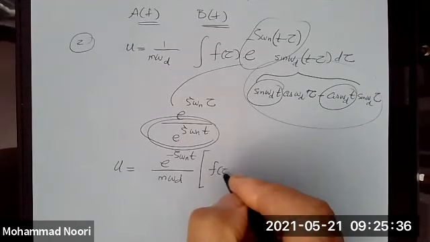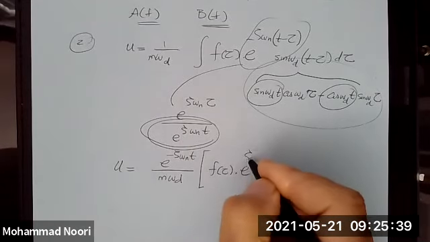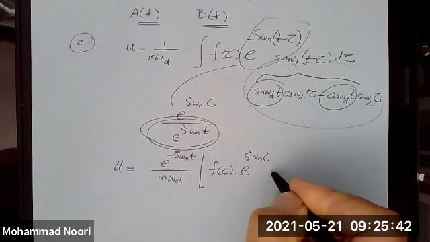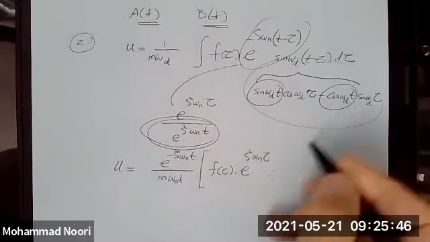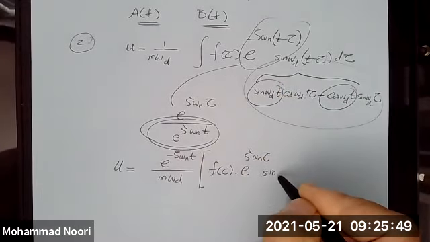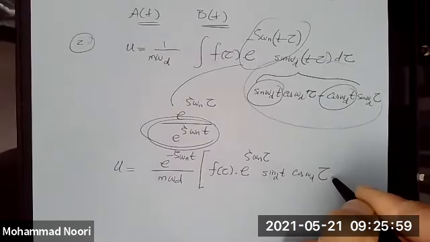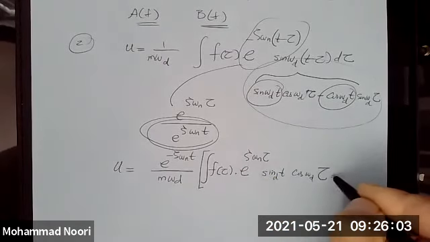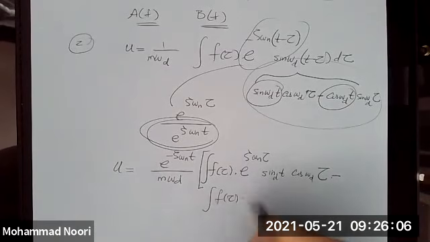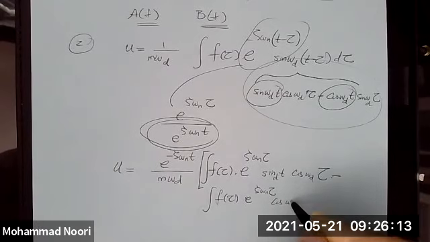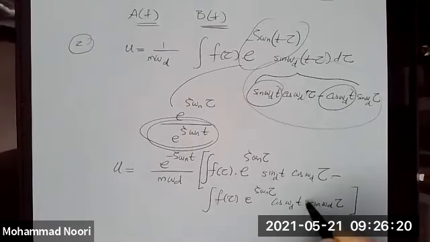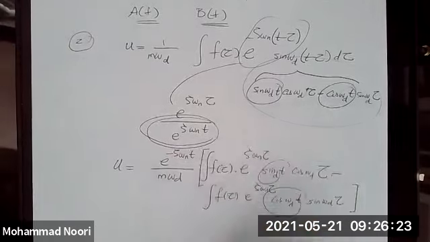You have the integral of f(τ) e^(ζωₙτ) times sin ωd t cos ωd τ, minus the integral of f(τ) e^(ζωₙτ) cos ωd t sin ωd τ. The sin ωd t and cos ωd t are constants, so they come out of the integral.